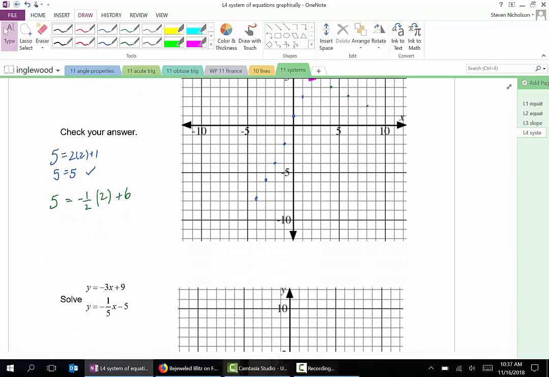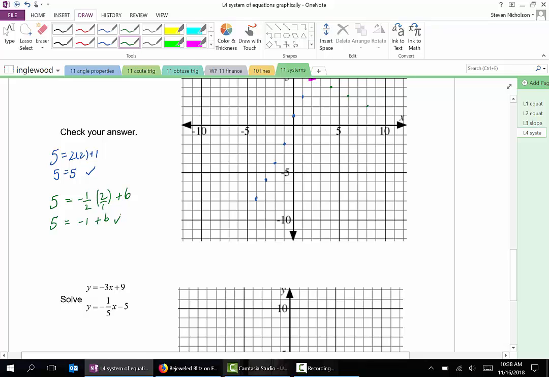And again, remember, in previous videos, whenever you multiply fractions and integers, make the integer into a fraction simply over 1. So we get 5 is equal to negative 1 times 2 is negative 2. 2 times 1 is 2. And negative 2 divided by 2 is 1. And we would agree with that.